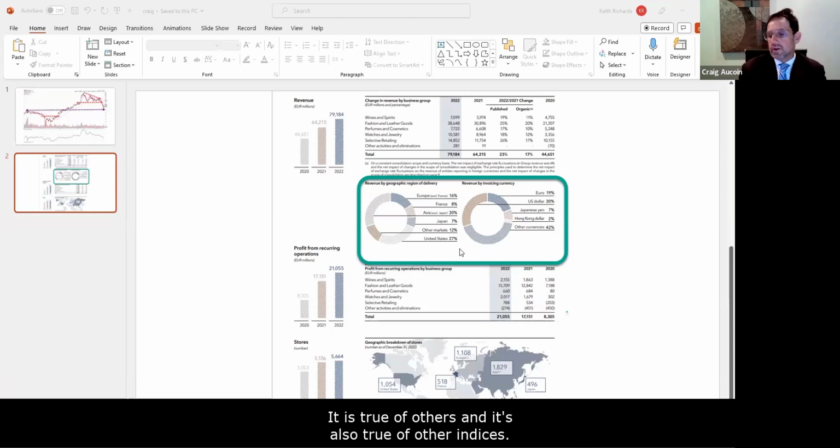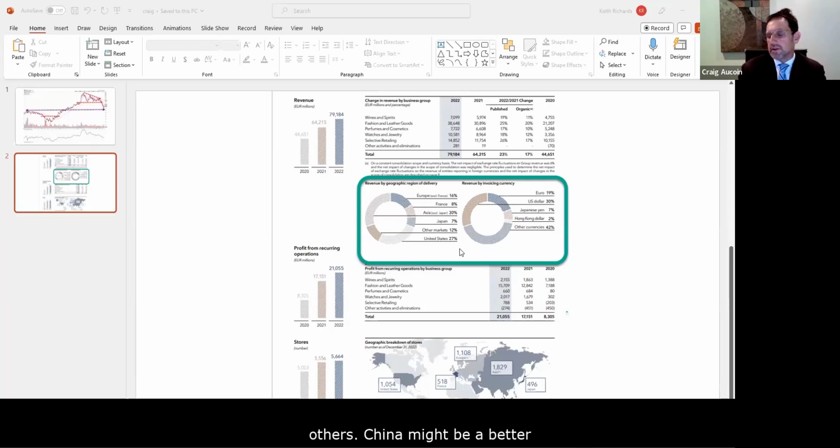But no, it is true of others, and it's also true of other indices. If you're looking at a Japanese ETF, it's similar, to varying degrees. Often European ETFs tend to have more geographic revenue diversification, with exposure more diversified across the world.